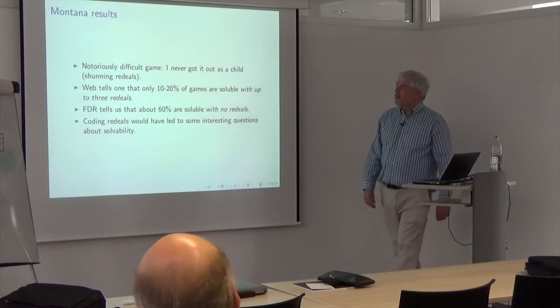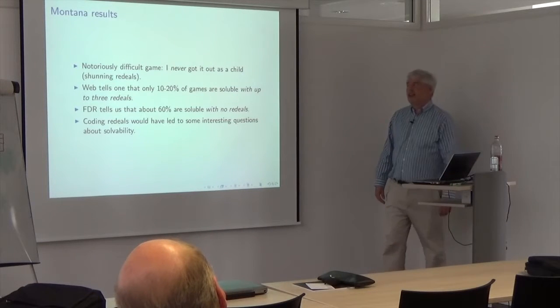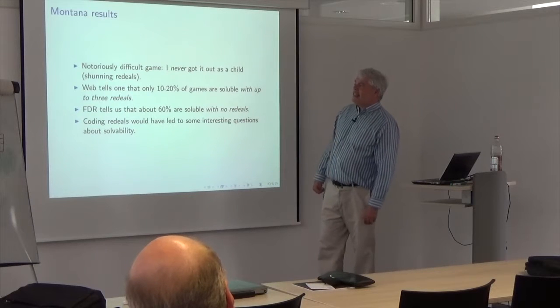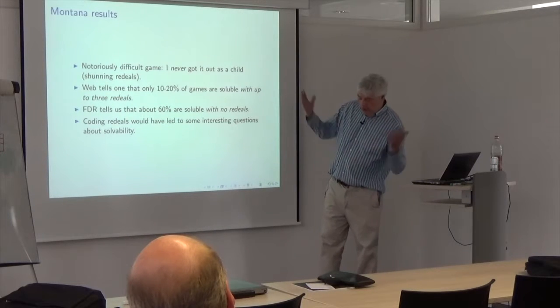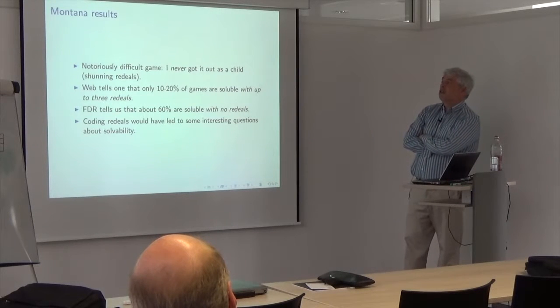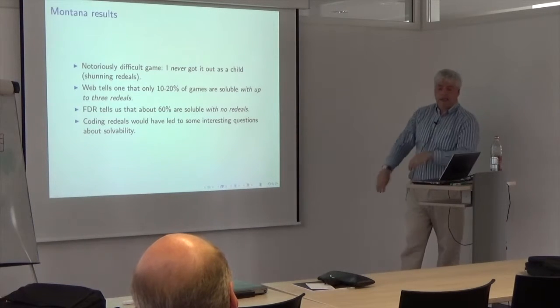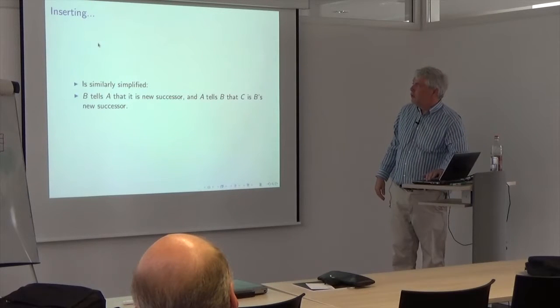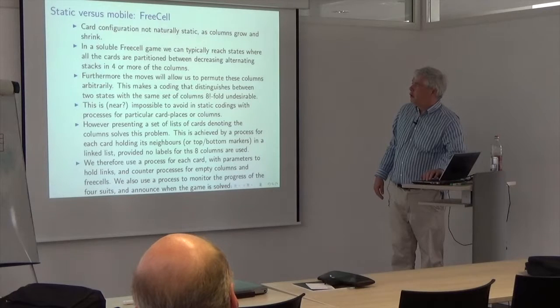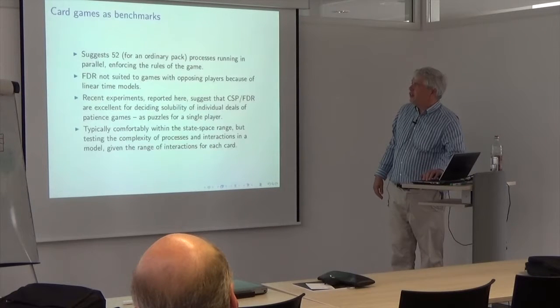But we did get some very interesting results with Montana, because it is a notoriously difficult game. Actually, if you look at the official rules, if there's such a thing as official rules, you find that it is indeed so difficult that when you get stuck, and you do get stuck in that game, I should have said before, it's very important to realize when you get stuck in Montana.